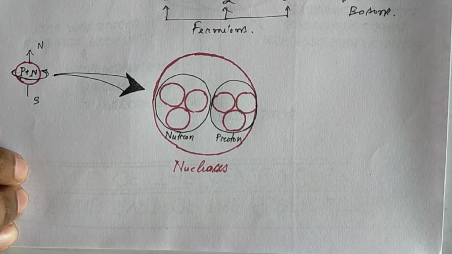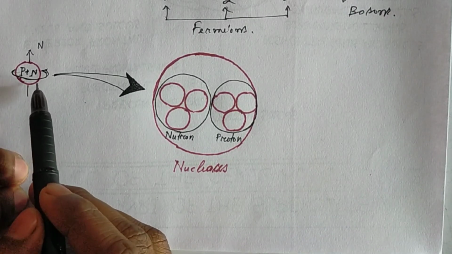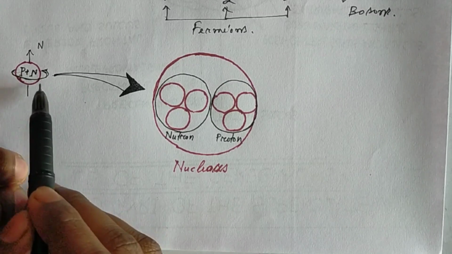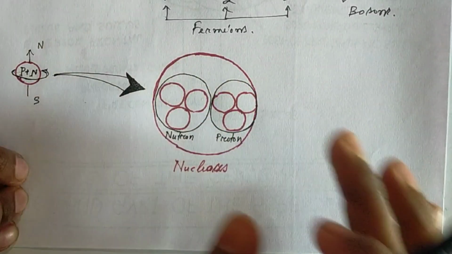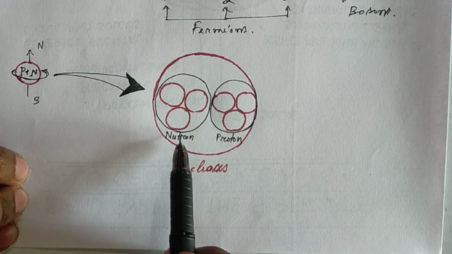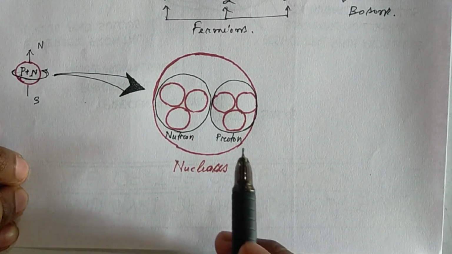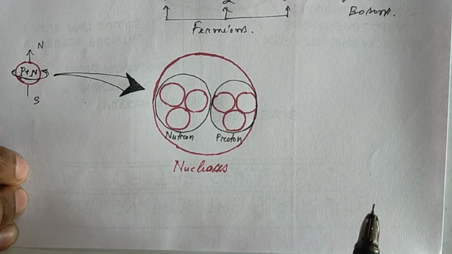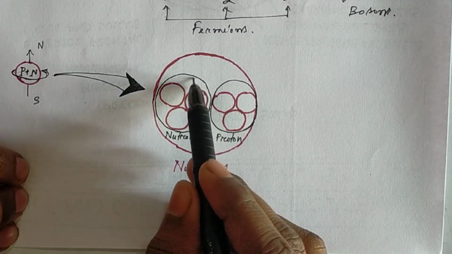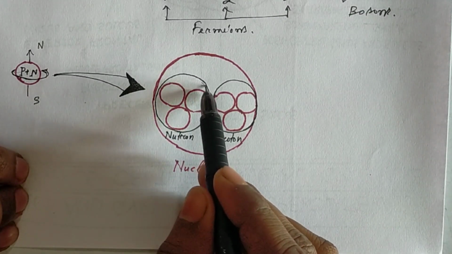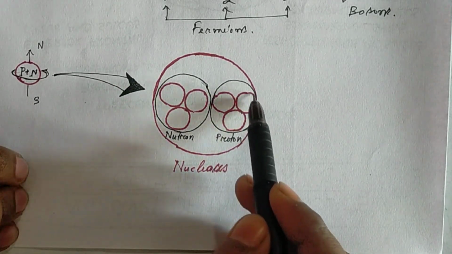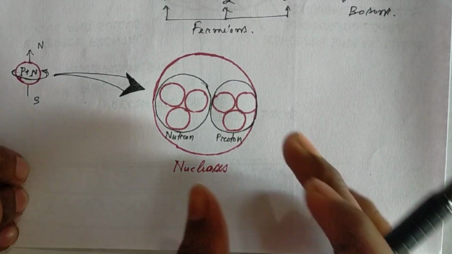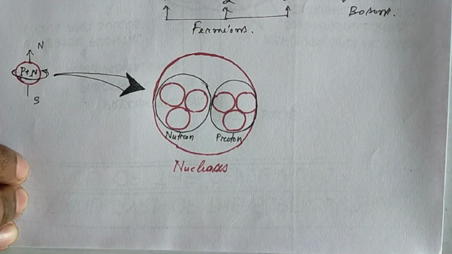Now if you zoom in on this nucleus, it will look like this. Suppose there is only one neutron here and only one proton here. This black colored circle is the neutron, and this one is the proton. This whole part is the nucleus.